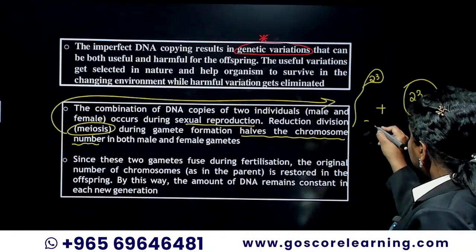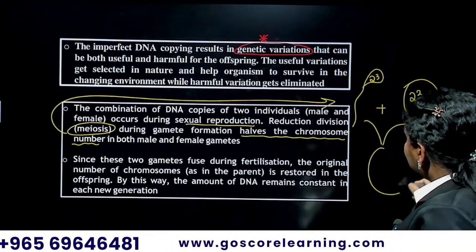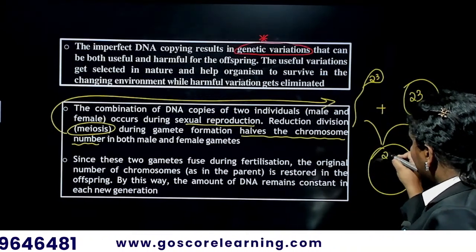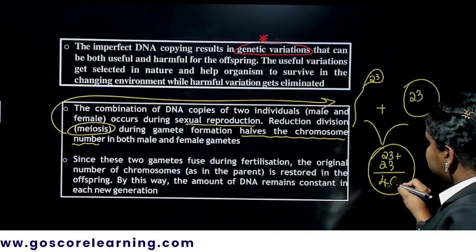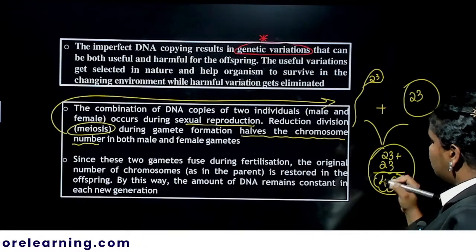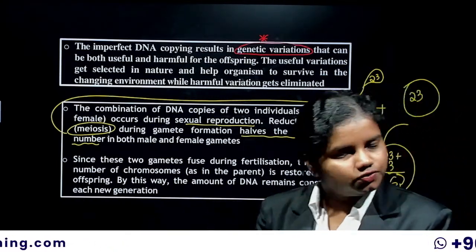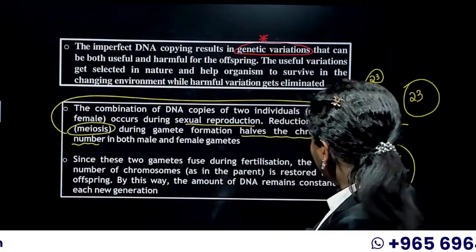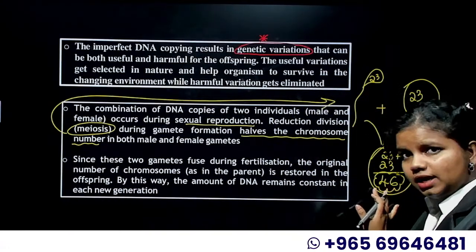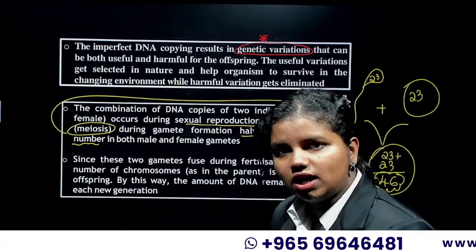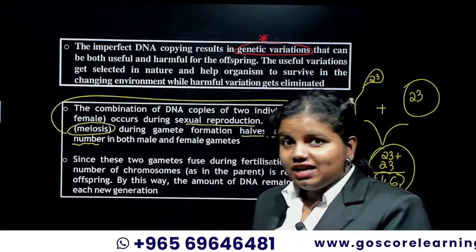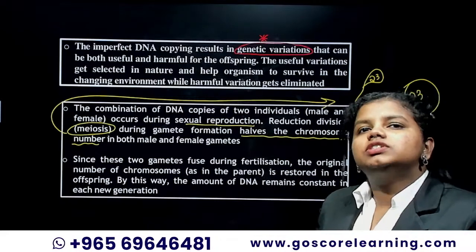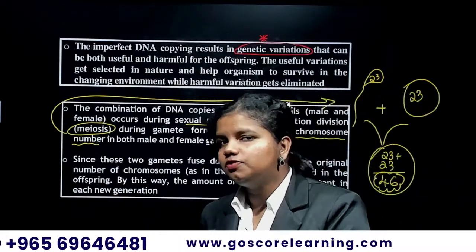And when they fuse together to form a zygote, this 23 plus 23 would create 46 chromosomes, that is the full content of DNA. And again, when the zygote becomes a baby and that baby grows up into an adult and that adult gives birth to another baby, the same meiotic division happens in gamete formation.